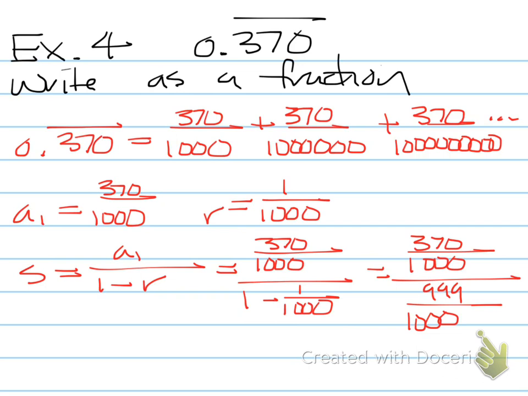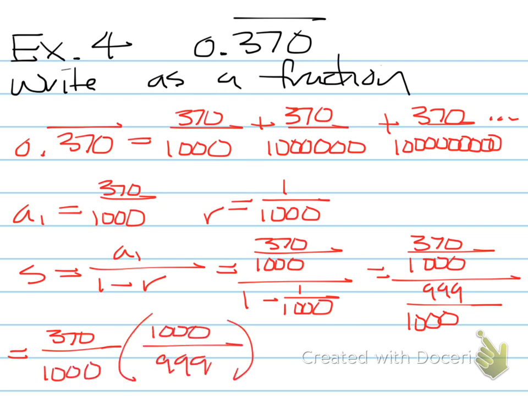And dividing 370 over 1,000 by 999 over 1,000 is the same thing as multiplying it by the reciprocal. The thousands will cancel, leaving us with 370 over 999. That can be simplified. 37 divides into 370 10 times, and 37 divides into 999 27 times.